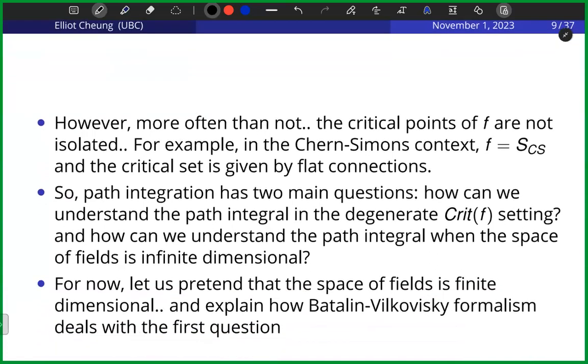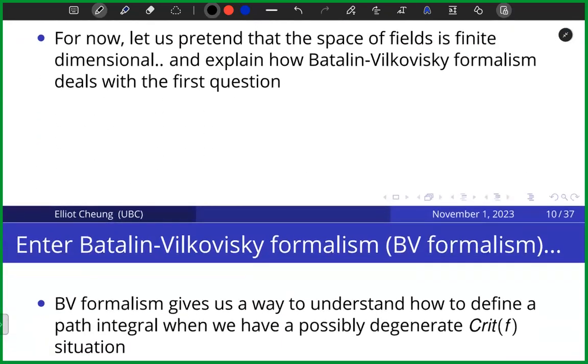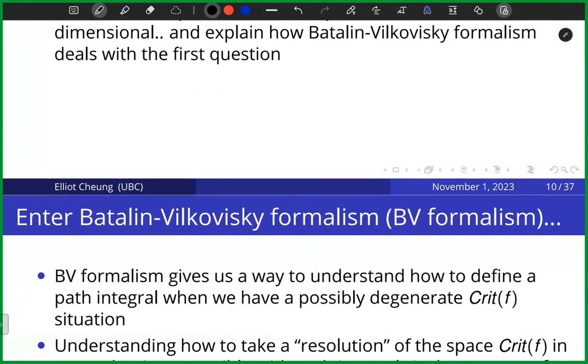So let us see how Batalin-Vilkovisky formalism addresses the first question of the degenerate critical point setting. To do that, let us first pretend that our space of fields is finite dimensional. I'll explain a little bit about what this Batalin-Vilkovisky formalism is, BV formalism for short.